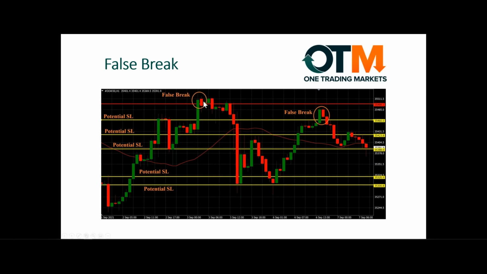So if I'm against them in the false break, I need to put my take profits at their potential stop losses, which are the nearest highs and lows. I need to always look at the nearest value, not the nearest time, because here we have the arrow of time and the arrow of value.